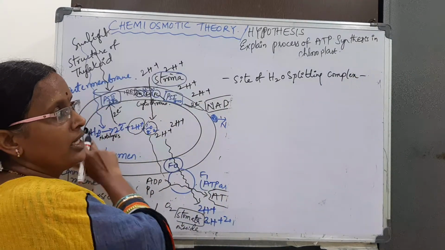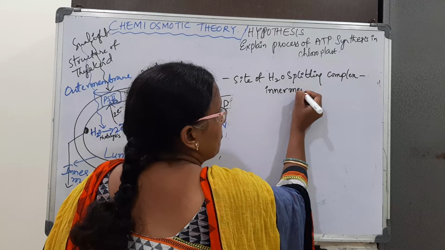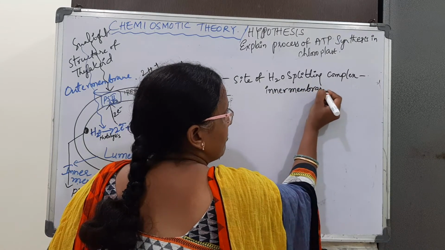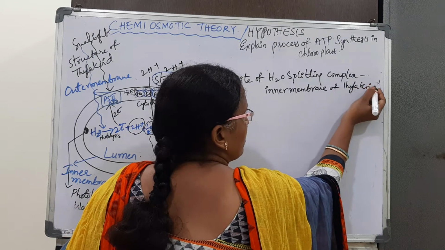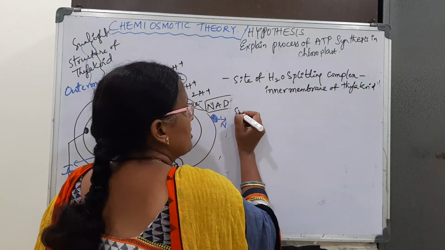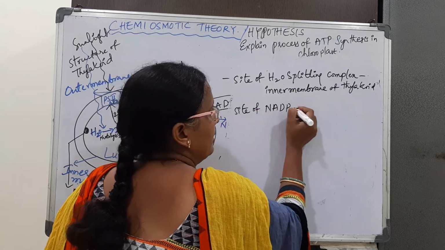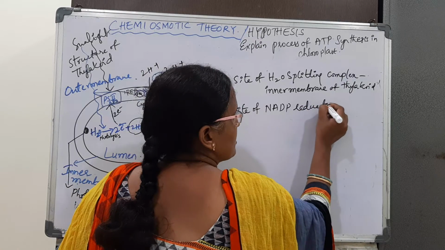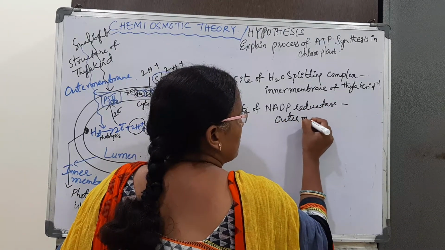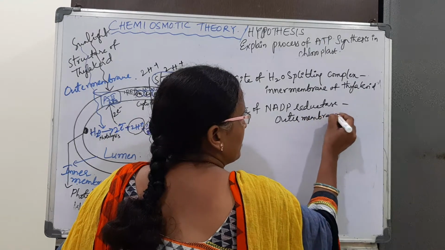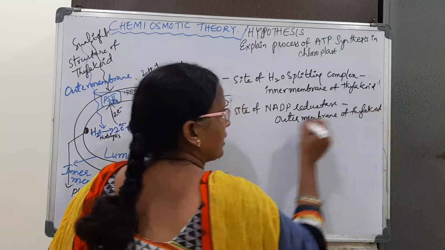Where is it present? The inner membrane of the thylakoid. Second, the site of NADP reductase: the outer membrane of the thylakoid.